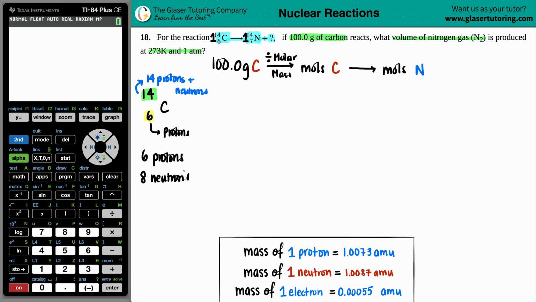And because there's no charge in the upper left-hand corner, I know that this atom is neutral, which means that my positive protons have to equal my negative electrons, because there's no charge difference. So if I have 6 protons, I have to have 6 electrons.